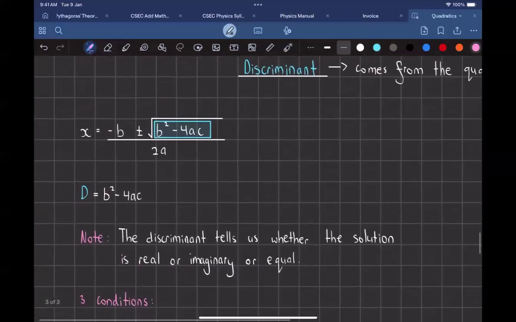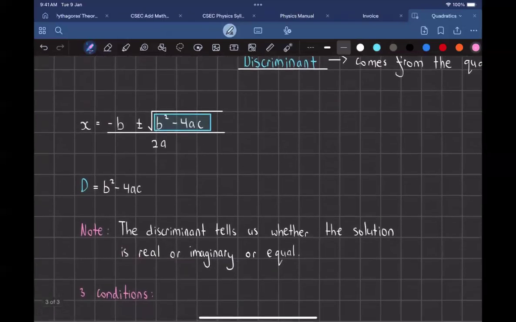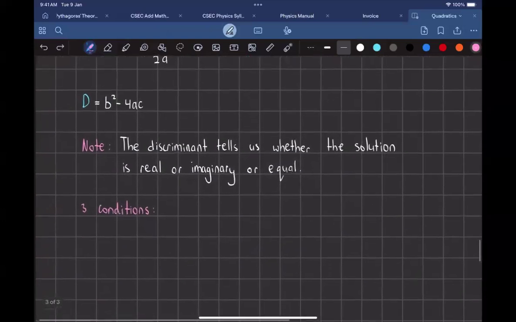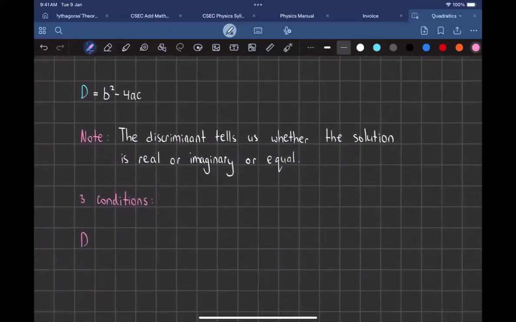Remember, the discriminant comes from the quadratic formula and goes inside the square root sign. You understand?